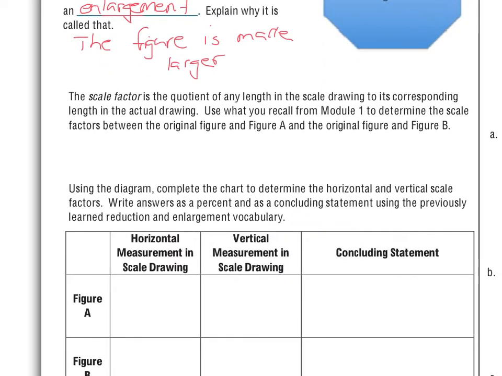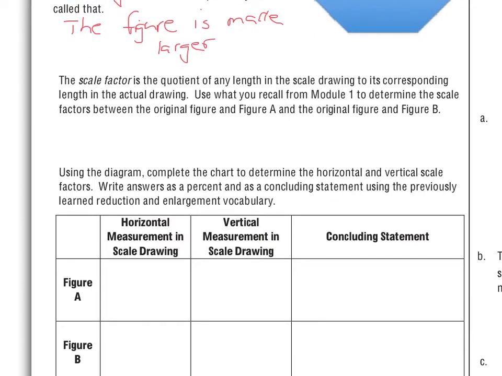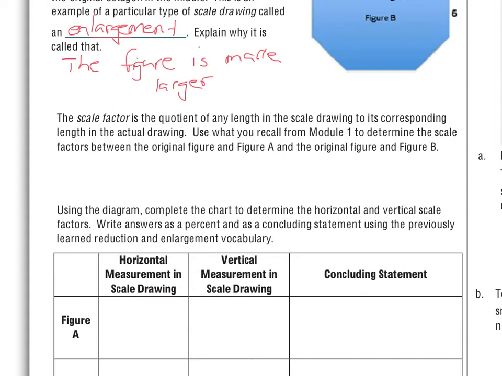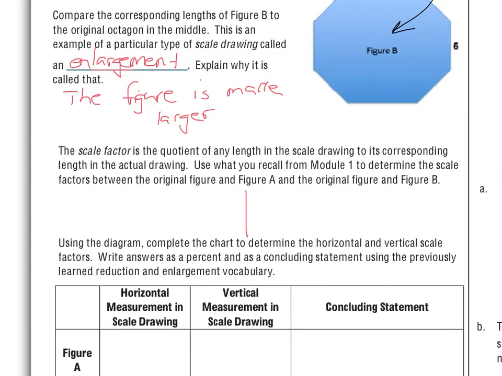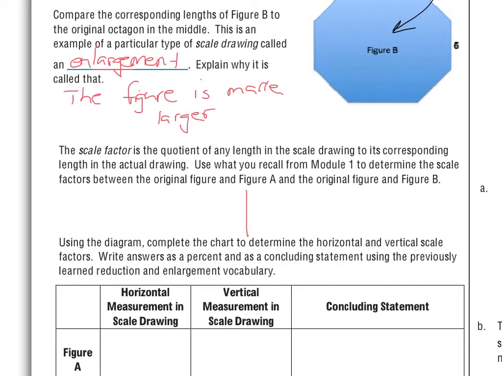Alright, so the scale factor is the quotient of any length in scale to its corresponding length in the actual drawing. So what does that mean? Well, we recall from Module 1 the scale factor between the original and figure A and figure B. So the quotient, and basically this is a ratio of scale to actual.